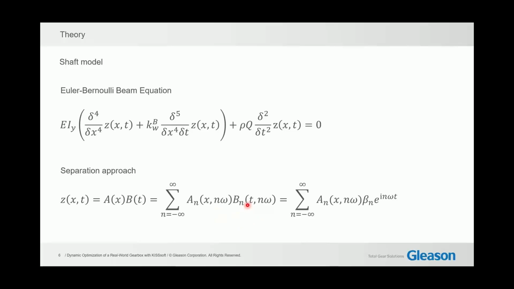And the same for b, we have here a component b_n of t, also dependent on n omega. A requirement is that all these a_n and b_n are linearly independent of each other, so that we can take the sum apart. For b_n of t, we will later get a time Fourier sum beta_n, beta being a Fourier coefficient, times e to the power of i n omega t, i being the imaginary unit.